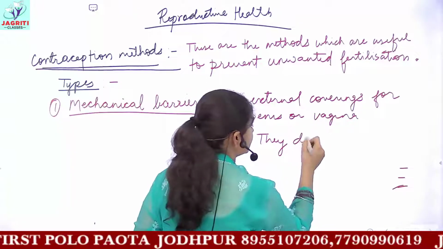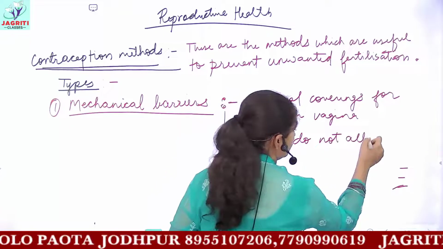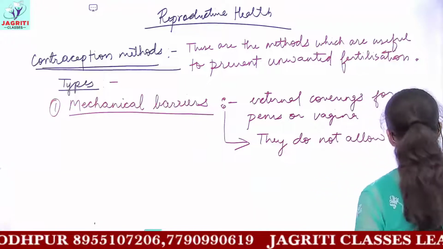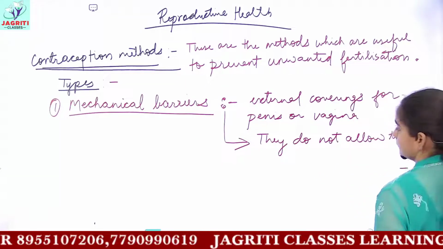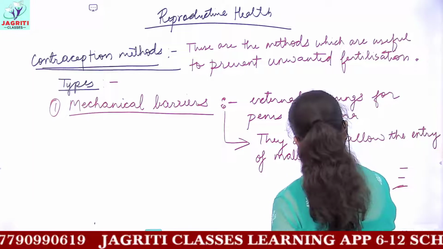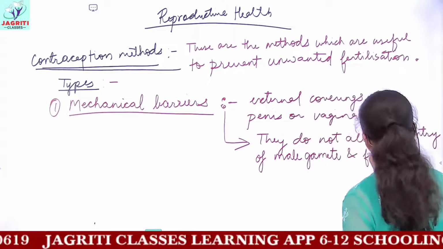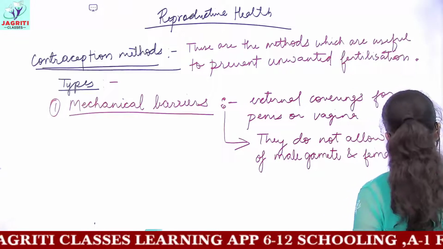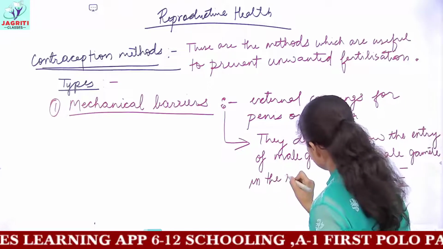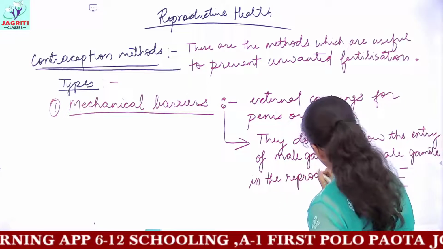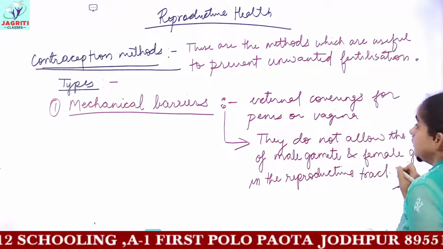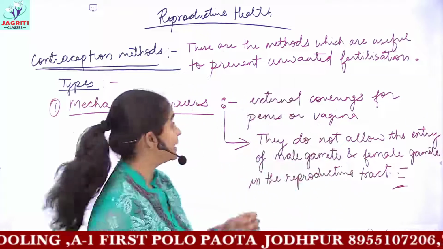So these methods do not allow, or you can write they prevent, the entry of male gamete and female gamete in the reproductive tract. So this you should know about mechanical barriers.